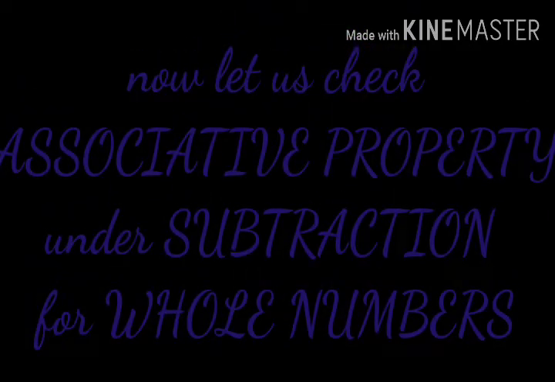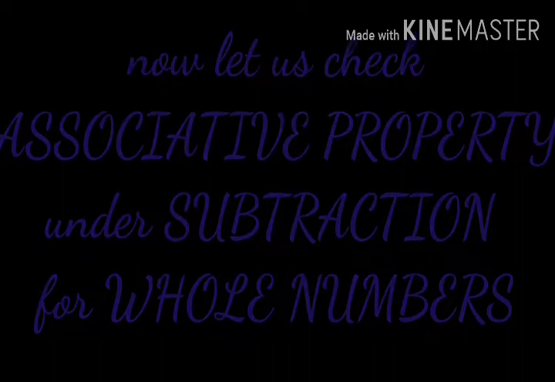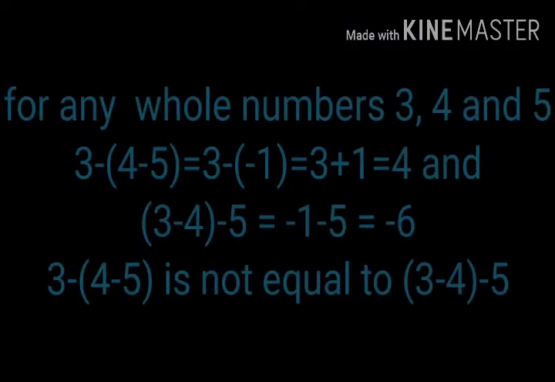Now, let us check associative property under subtraction for whole numbers. For any three whole numbers 3, 4 and 5, 3 minus (4 minus 5) equals 3 minus (minus 1), which equals 3 plus 1, which equals 4.